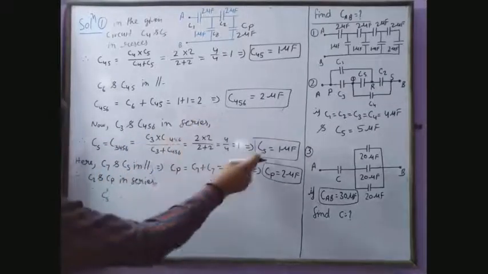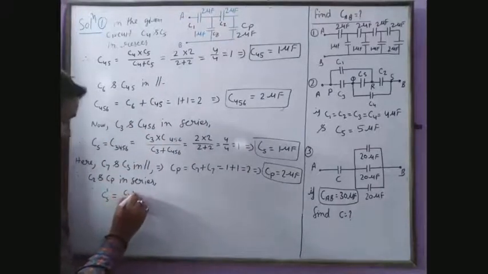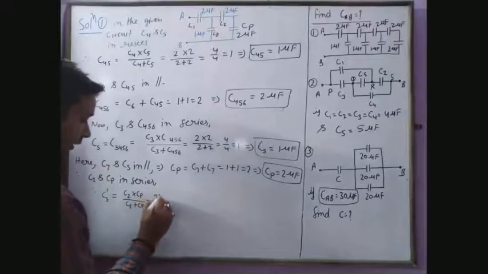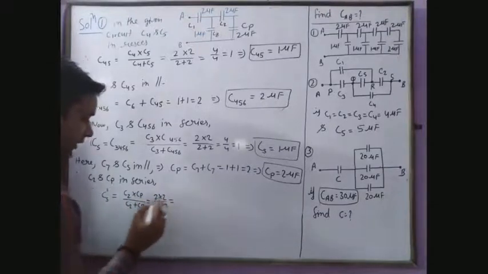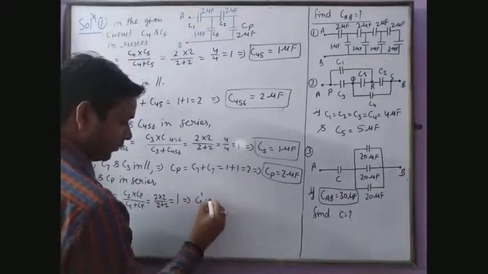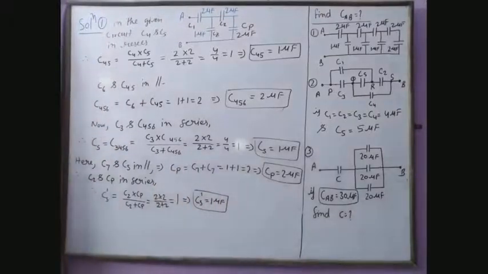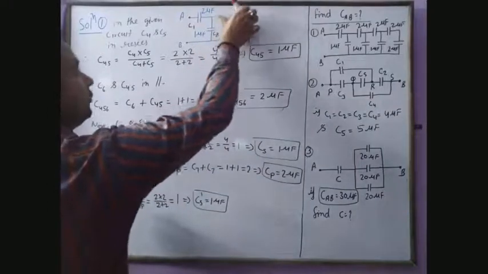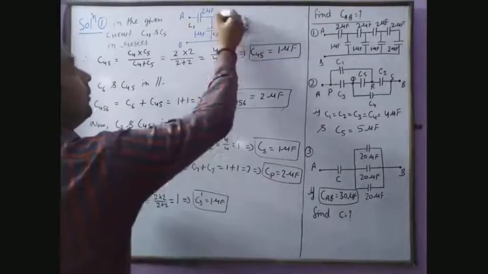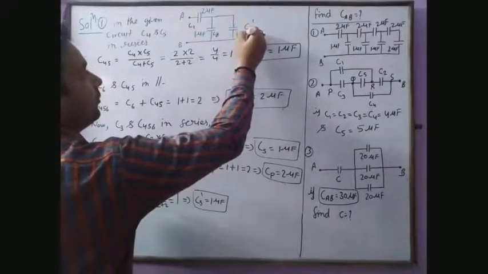Again we calculate CS, so we are now using CS dash, that is C2 into CP upon C2 plus CP, which is 2 into 2 upon 2 plus 2, which you calculate as 1, that is, CS dash is equal to 1 microfarad. Now this circuit is reduced to CS dash, and this result is 1 microfarad.